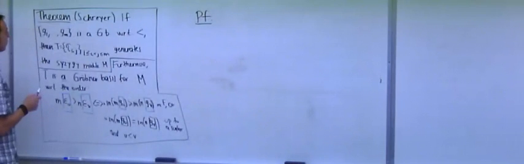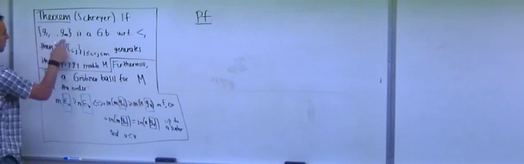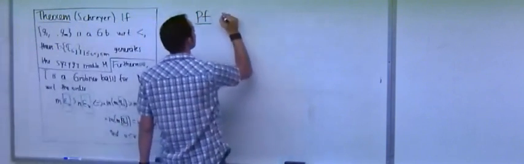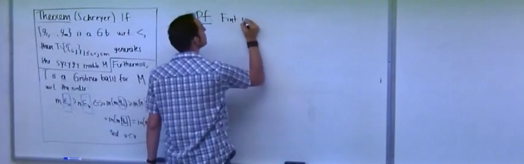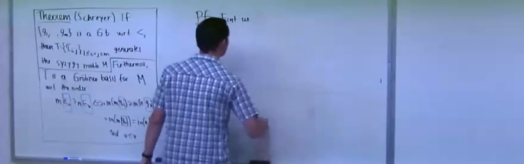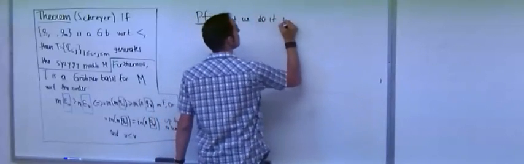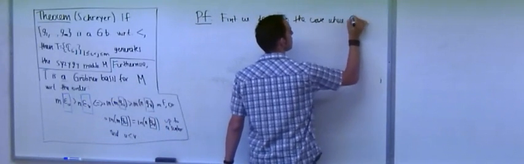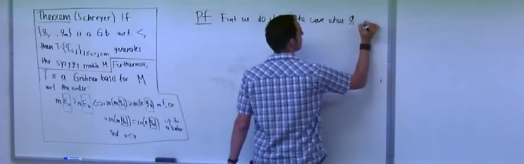So how do you prove this? Let's first do it in an easier case, which is when these guys are all monomials. First we do it in the case where the G_i's are monomials.